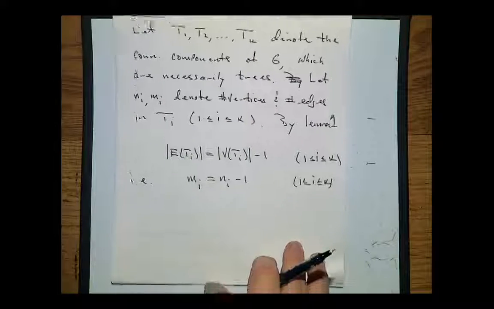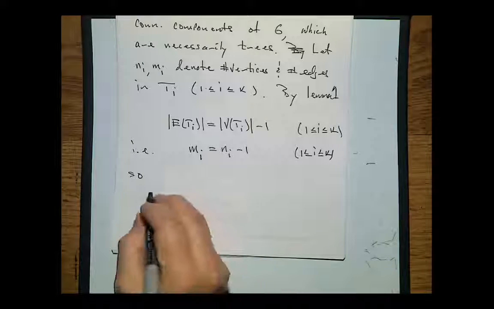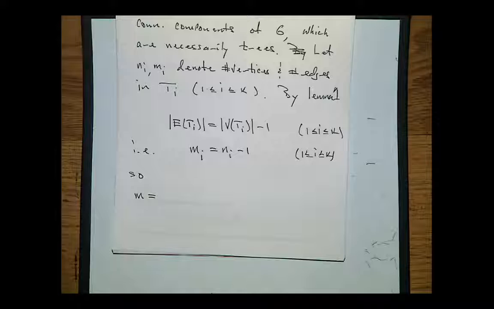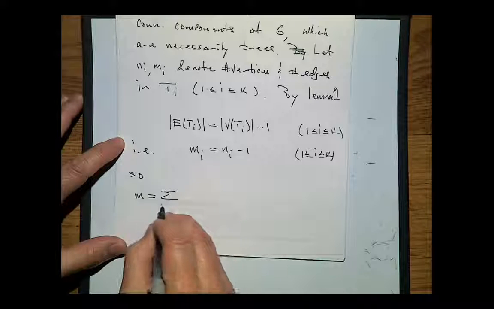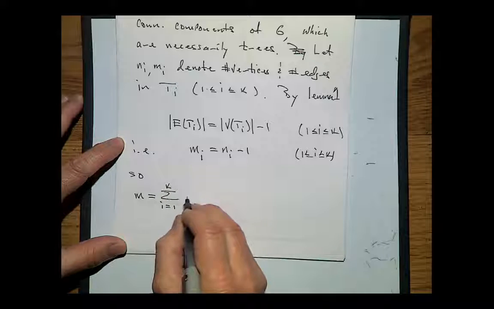So, what's M? M is the number of edges in G, in the full graph. Well, that's got to be the sum of the number of edges in each of its components. This is the sum, i equals 1 to k of Mi.